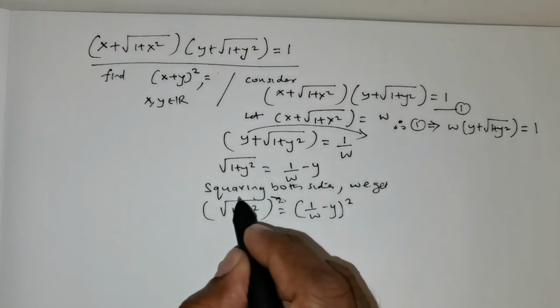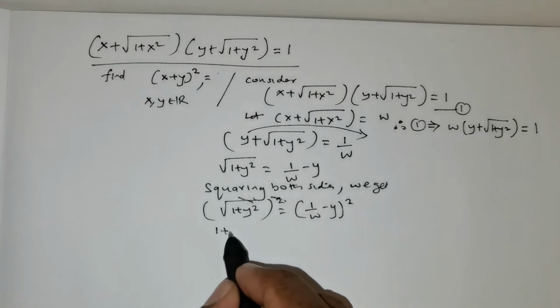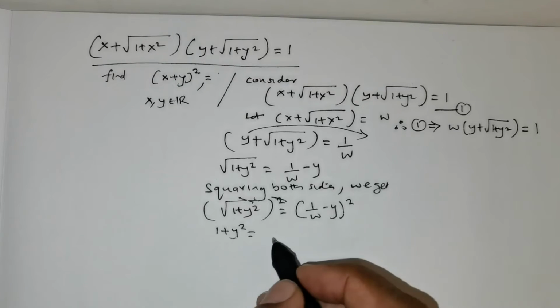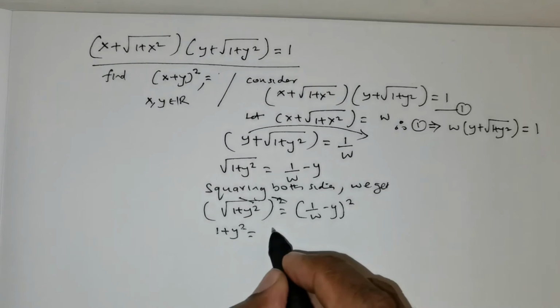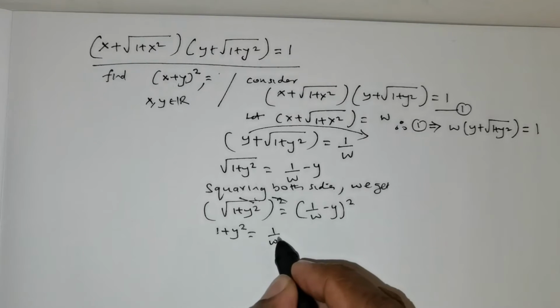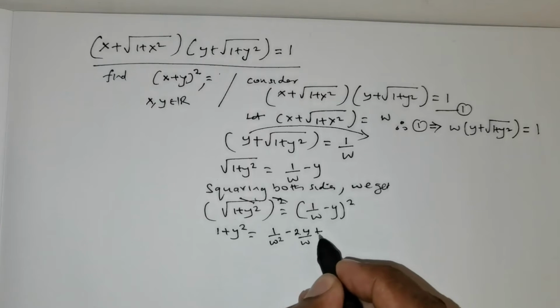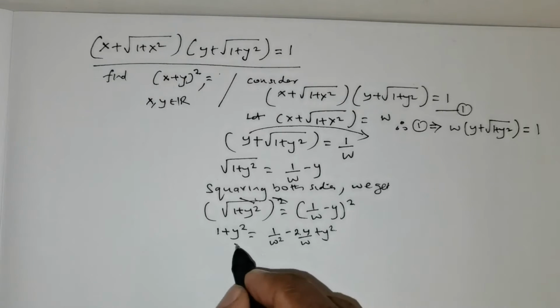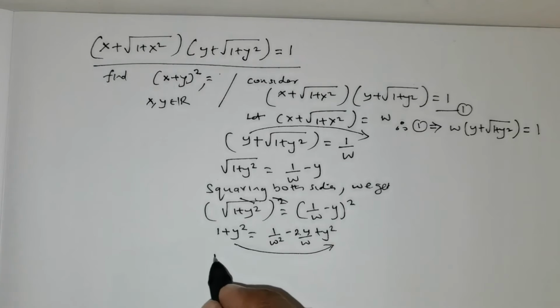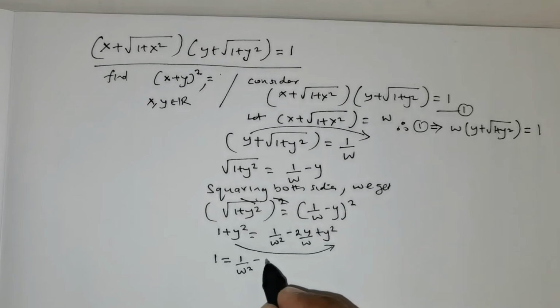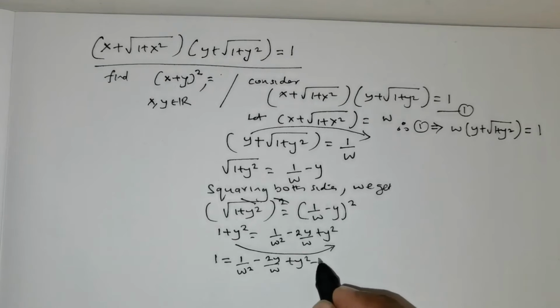The square and the square root get cancelled, giving you 1 + y² equal to, on the right side, the expansion of this square: 1/w² − 2y/w + y². Move this y² to the right, and that gives you 1 equal to 1/w² − 2y/w + y² − y².